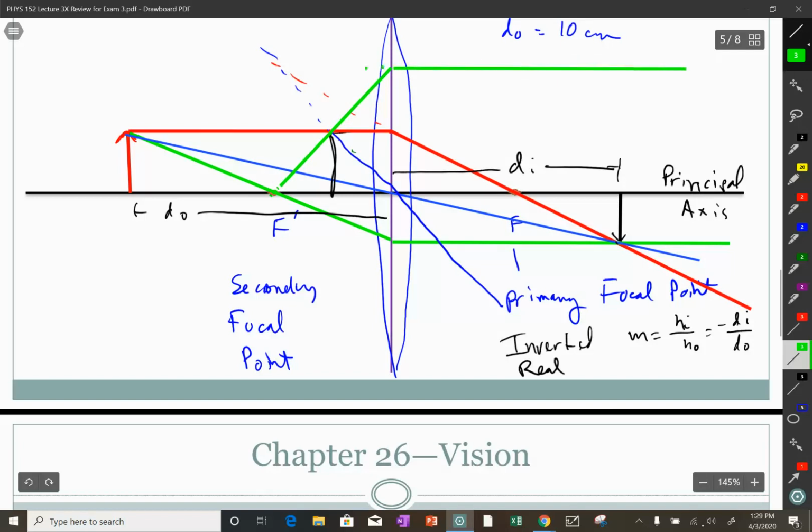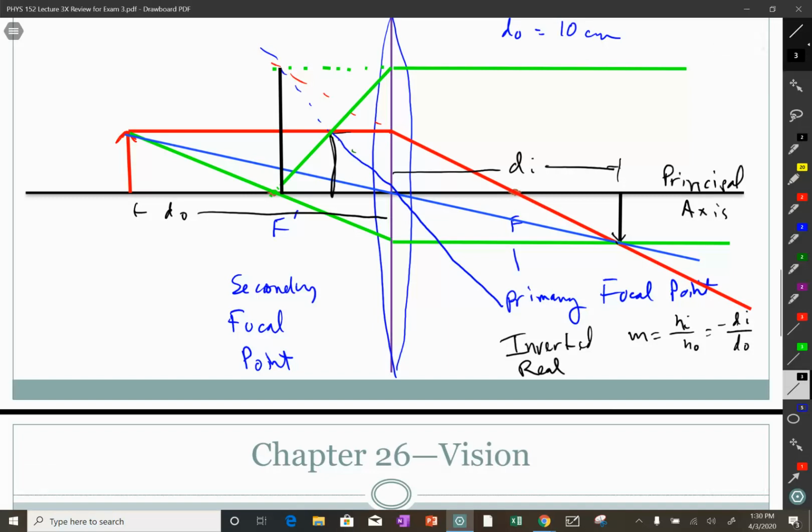And so then we extrapolate this backward, and then I would have my image. In this case, it would have been there. A little better. That would have been my image. So this one is upright, has a positive object distance, has a positive height, but a negative image distance, and it's enlarged rather than made smaller. This one here was smaller.